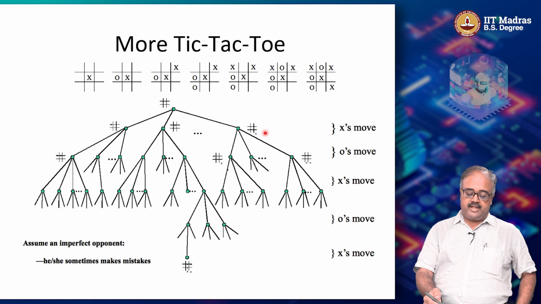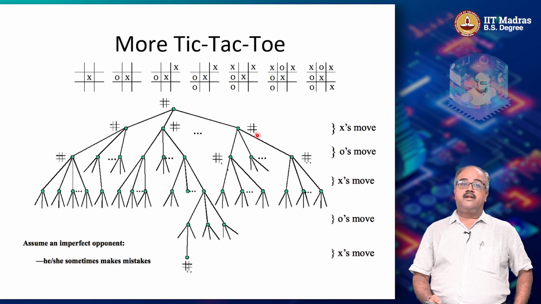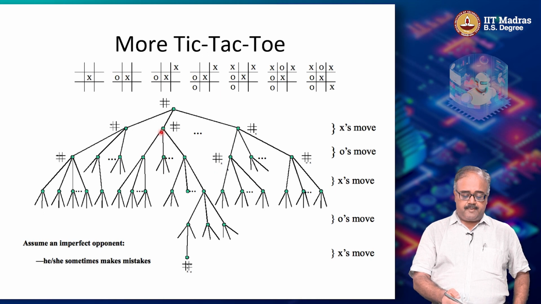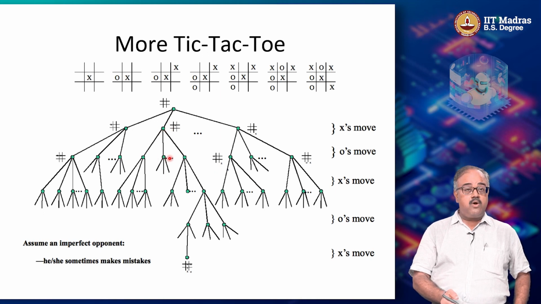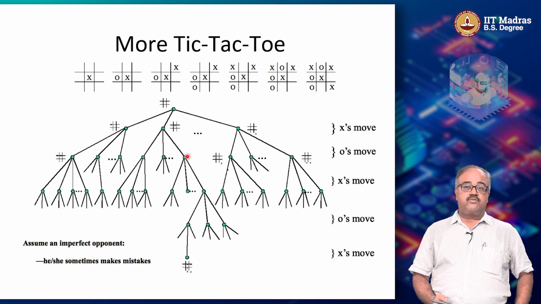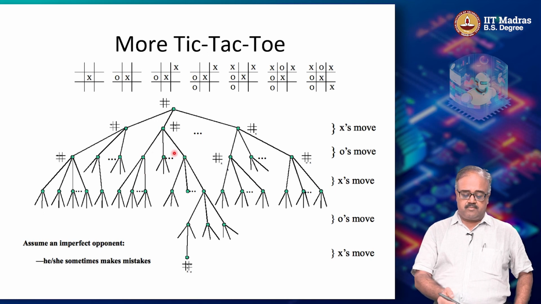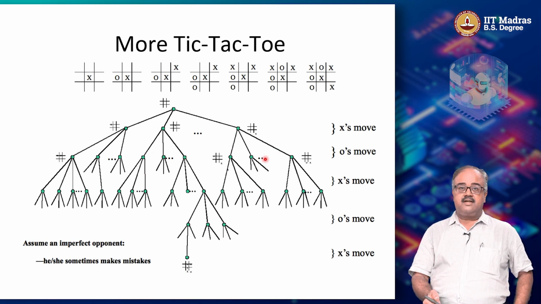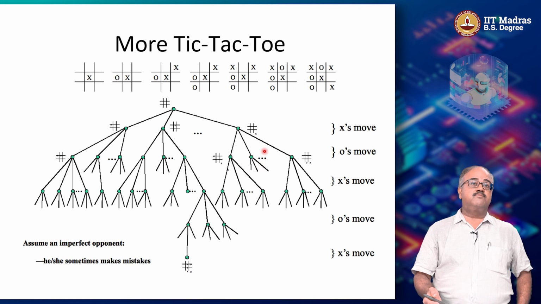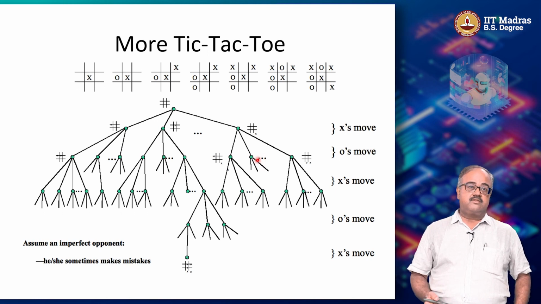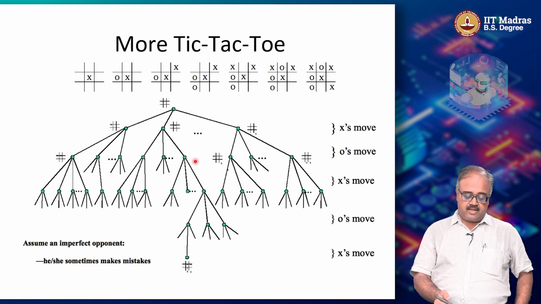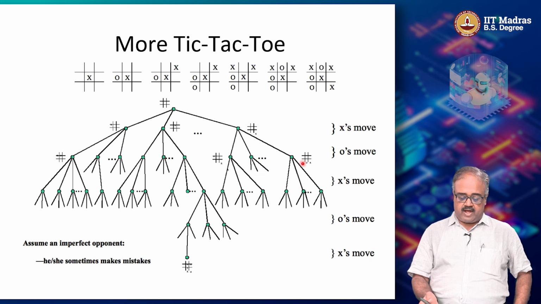Depending on where you put the X, you have different branches that you would follow, and then the O can respond with one of 8 moves, right? So there are 8 possible responses for each of these 9 first moves that you could make. Then you come back to your move. Now you have an X and your O.